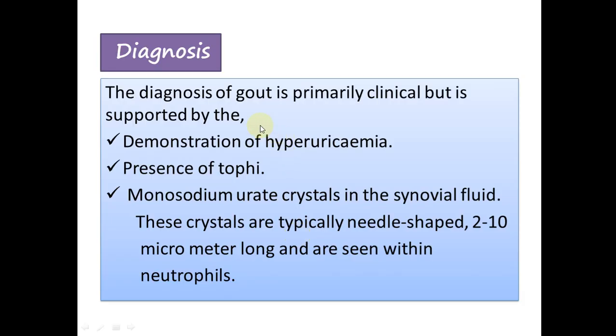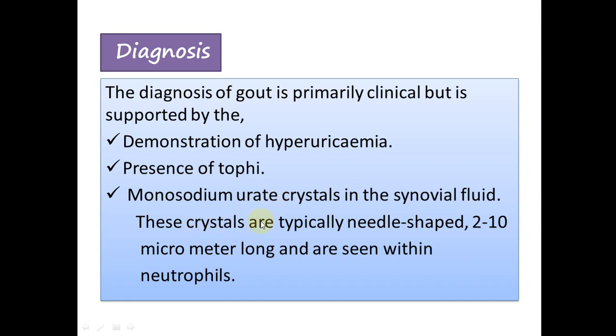The diagnosis of the gout is primarily clinical. However, we can examine the uric acid level of the blood. We may see the presence of the tophi, and if we do examination of the synovial fluid, we may see there the monosodium urate crystals.